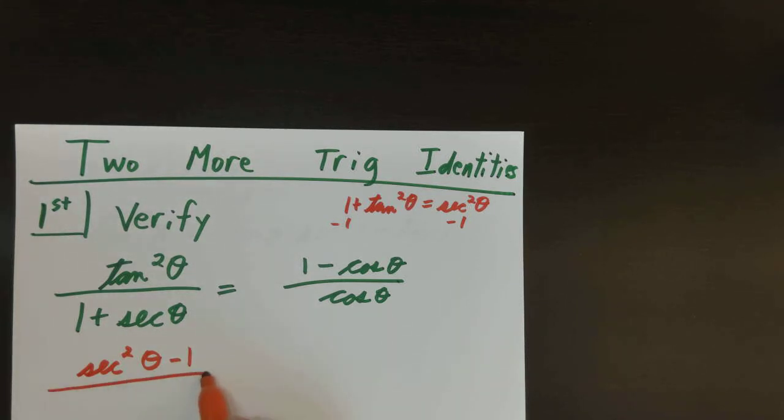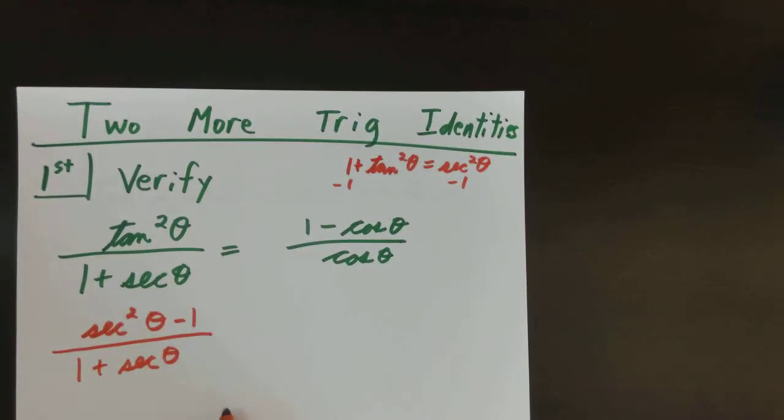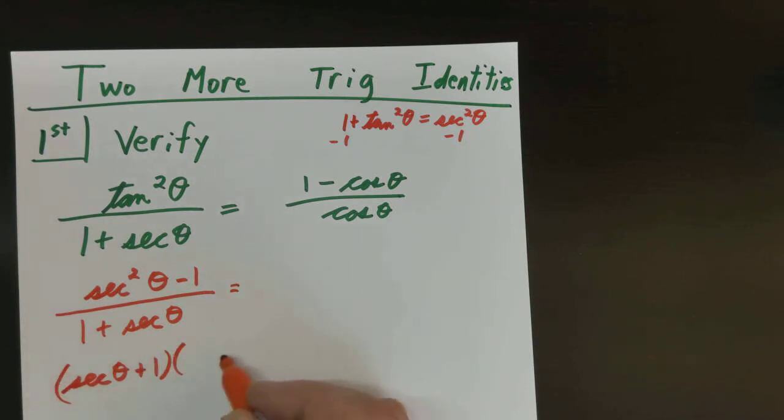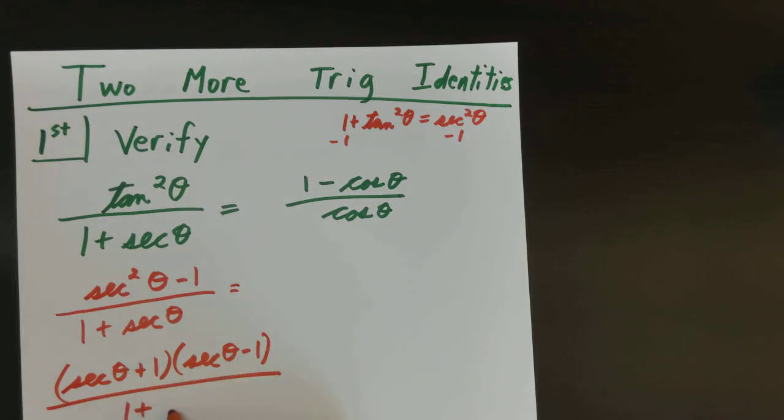And I'm going to put this over 1 plus secant theta. And we actually kind of saw this earlier. There's a chance to factor here. And it's secant theta plus 1 times secant theta minus 1, over 1 plus secant of theta.